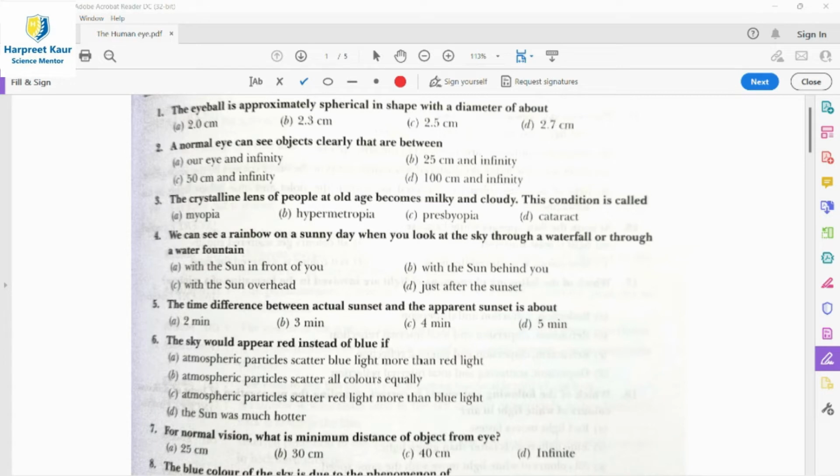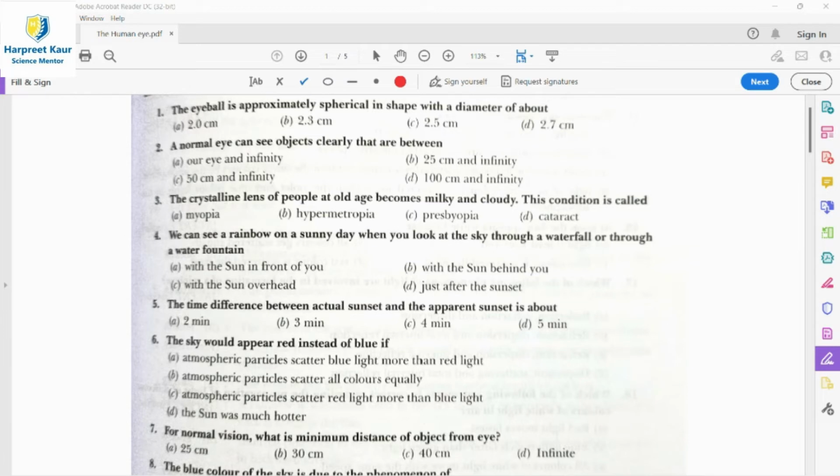Ciliary muscles change the thickness of the eye lens while the eye lens is focusing the image. Then the retina comes. Retina is a delicate membrane having a large number of light sensitive cells called rods and cones, which respond to the intensity of light and the color of objects respectively.